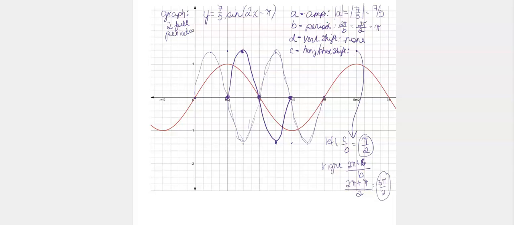So this would be halfway too. Because remember, two of them are going to fit into the period of 2 pi, because the period is no longer 2 pi, it's pi. But I'm shifting it, so it's going to be up here. And I'm going to have to put dots where my right, down here.